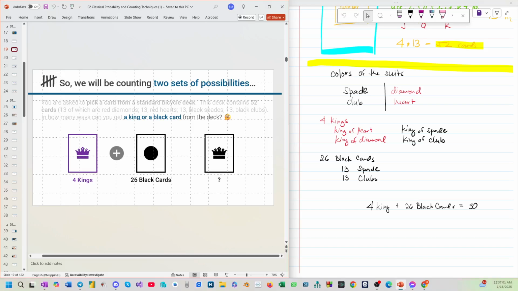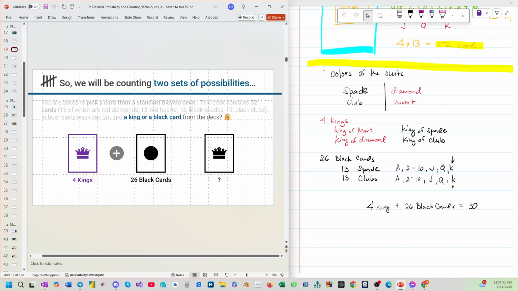Why? Within the black cards, there are also two kings. Within the black cards we have the ace, the 2 to 10, the jack, the queen, and the king. So these two black kings are double counted.